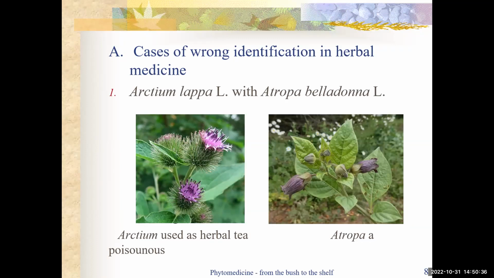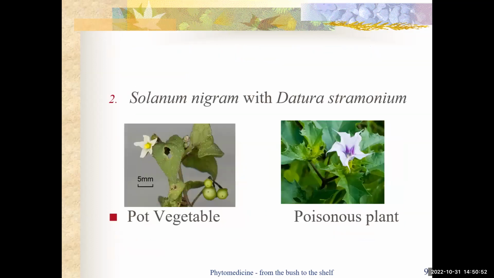But you can imagine you get the wrong plant, it's a poisonous plant, then that's a dangerous situation. So some people have gotten poisoned because of not getting the correct plant. And this is one probably that we know of more in our country.